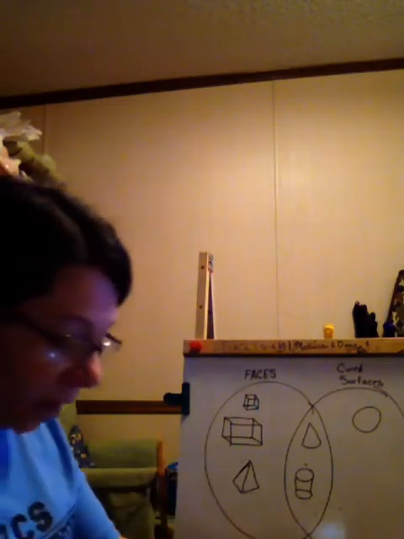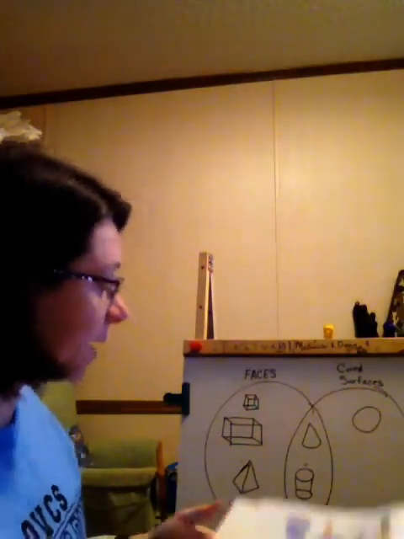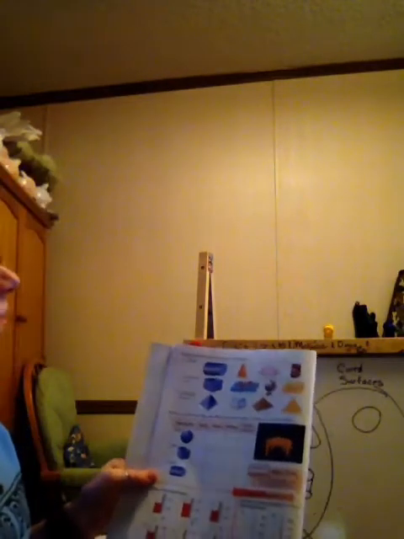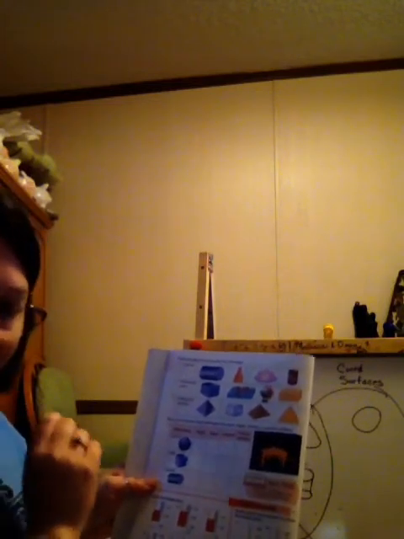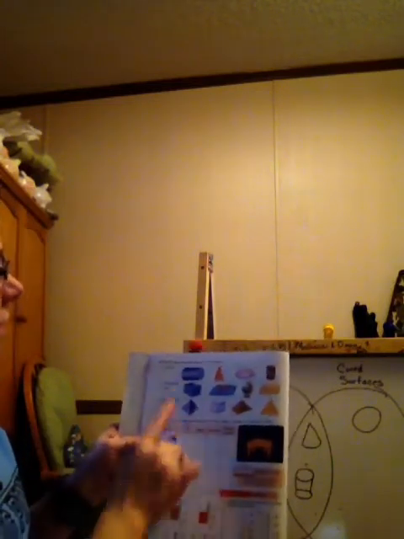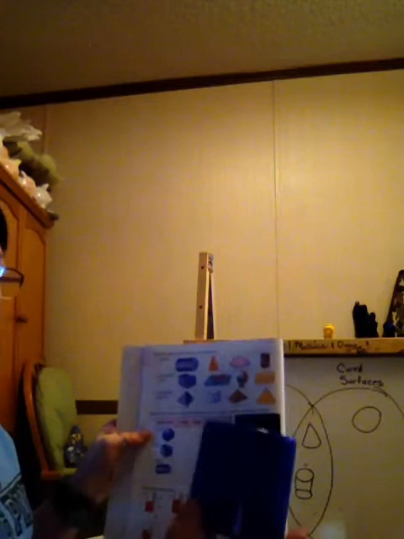When you're done with all of that, on the back side, it says circle the objects that look like the solid figure. So you've got to think about this. So this is a cylinder. And remember, a cylinder can be like a can of vegetables or something. It can be this.